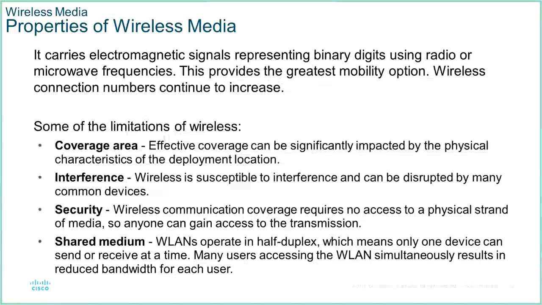Wireless is inherently unsecure because it's a radio transmission and you don't control where it goes. All you can control is the signal strength that you transmit. That's it. And because it's a shared medium, everybody's trying to use it at the same time.